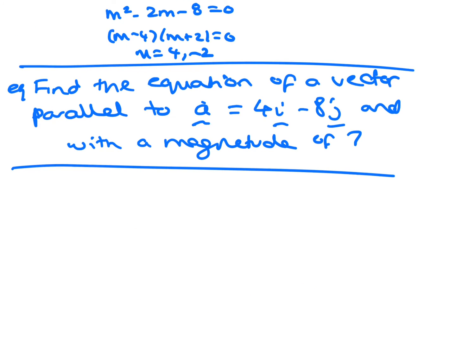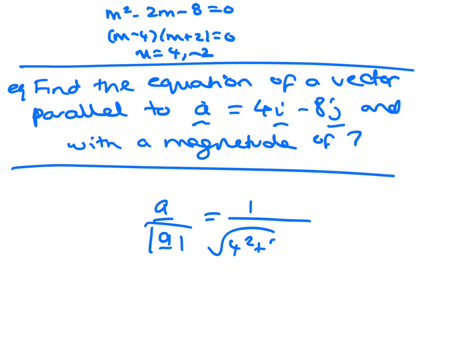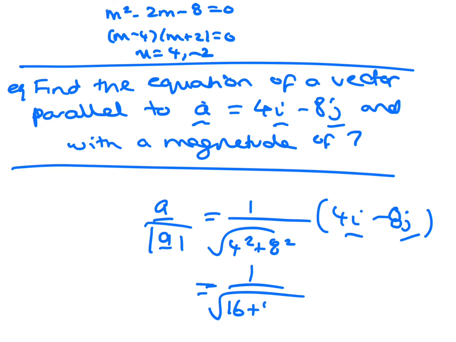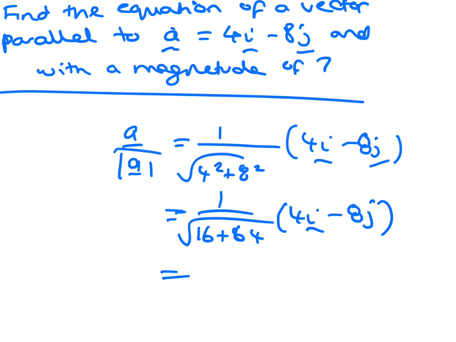Okay, parallel to that with a magnitude of 7. So first of all, if we find the unit vector for this, it'll be 1 over the square root of 4 squared plus 8 squared times 4i minus 8j. So it's 1 over square root of 16 plus 64, times 4i minus 8j. That would be 80, so 1 over root 80.